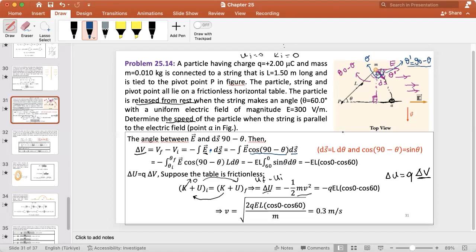What's the ds? I can show there is a ds here. Oops, sorry. Maybe I can clean and show it in a better way. The displacement is this one, isn't it? Can you see? So what is the ds?